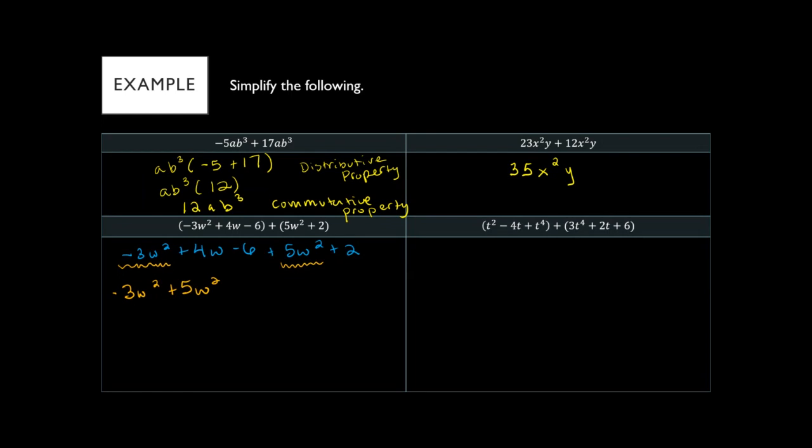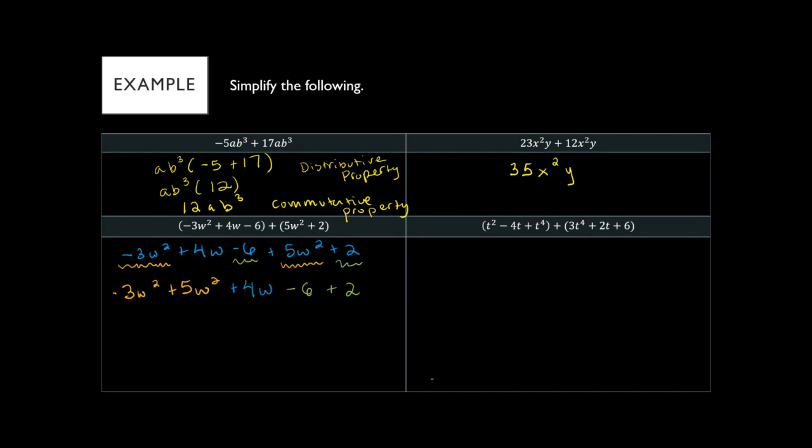And then we've got a plus 4w, and there's nothing else with a w, so I don't really have anything to match that up with. And then we've got a minus 6 and a plus 2, so I can rearrange those and put those together. All I'm doing is rearranging things so that the stuff that's together is together. That way you know what you're adding, and you can combine your like terms.